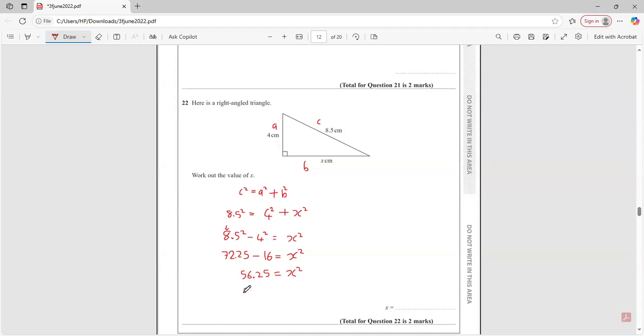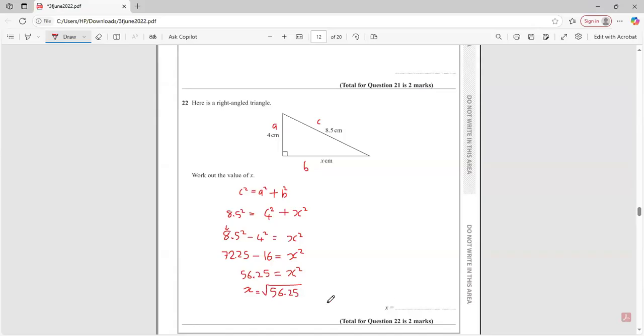So you're looking for x. So x will be equal to the square root of 56.25, which is, can you help me with that on your calculator? I have a feeling it's 7.5 because of this 25 I'm seeing ending it.